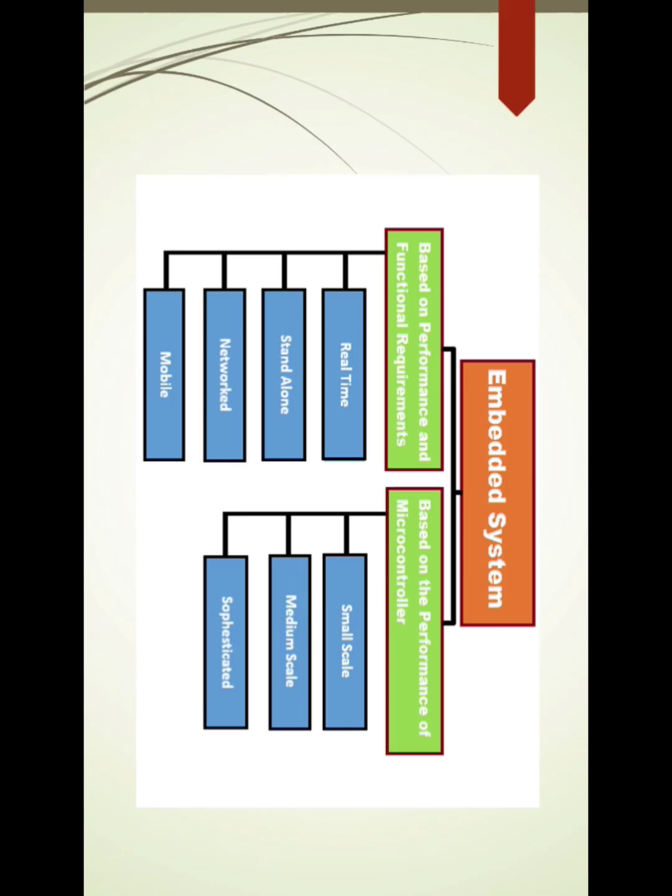The first part is subdivided into four types: real time, standalone, networked requirement, and mobile requirement. And the second part, based on the performance of the microcontroller, has small scale, medium scale, and sophisticated. This was the entire block diagram of an embedded system.